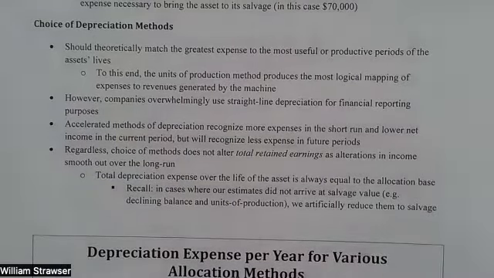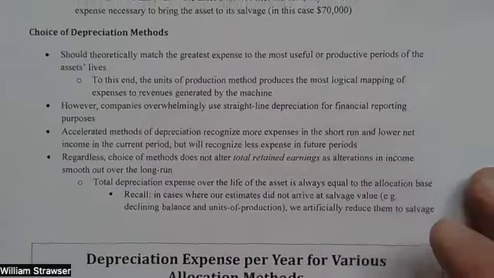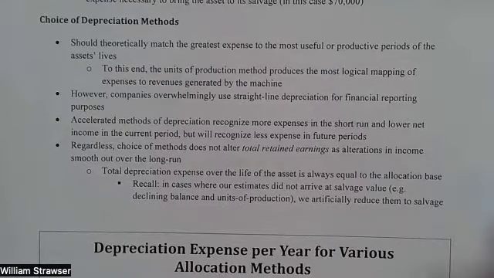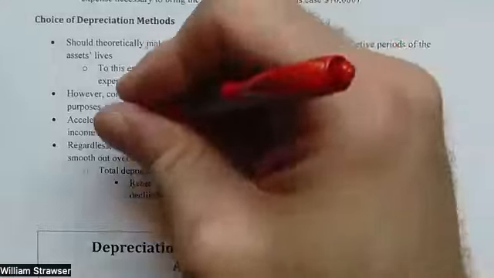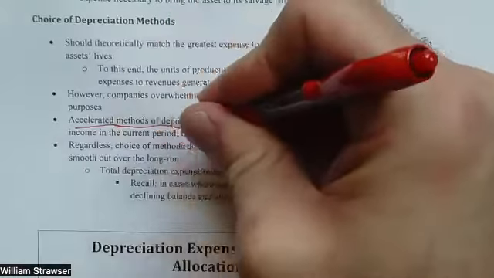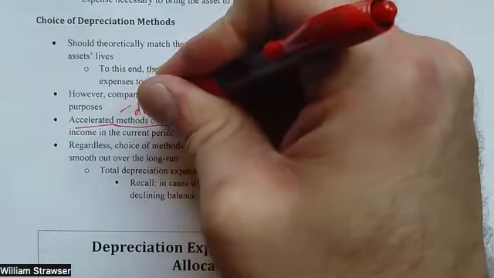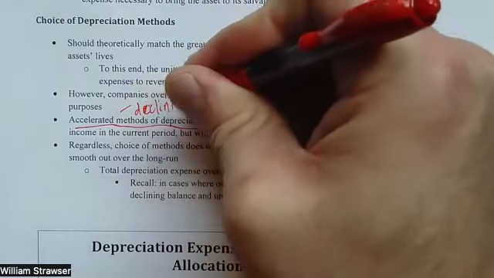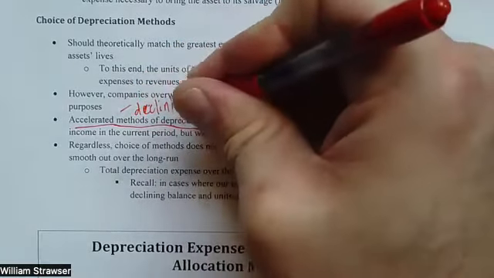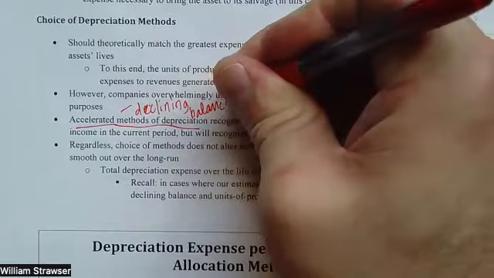And then I also talk about the choice of depreciation method. Companies overwhelmingly use straight line. The accelerated methods will recognize more expense in the short run. The accelerated methods are the double declining balance, which is pretty popular, but you can have triple declining balance.